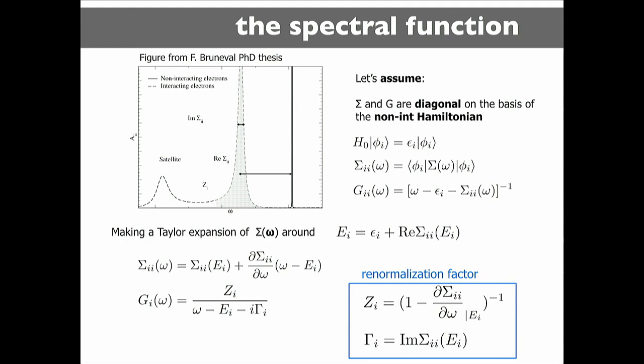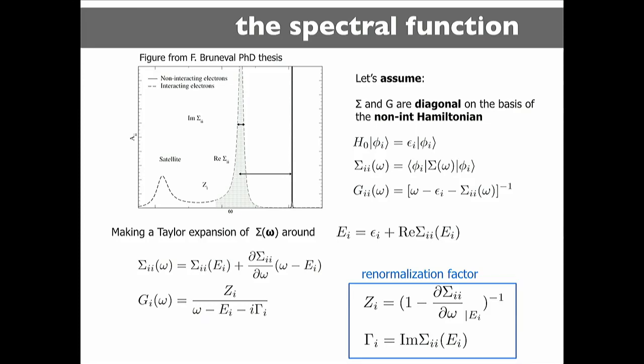Okay, now let's go back a bit to physics. So we've seen that in principle, if we have a self-energy, we can compute the Green's function. Let's have a look at how it looks in an interacting system. So this is the spectral function of a non-interacting system, just one peak, sharp, Dirac delta-like.